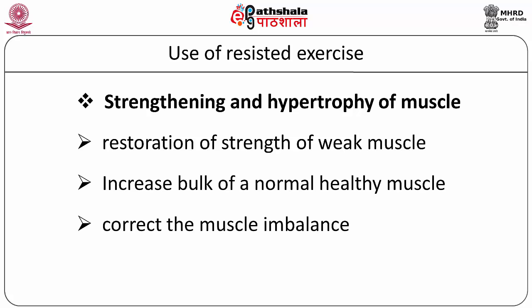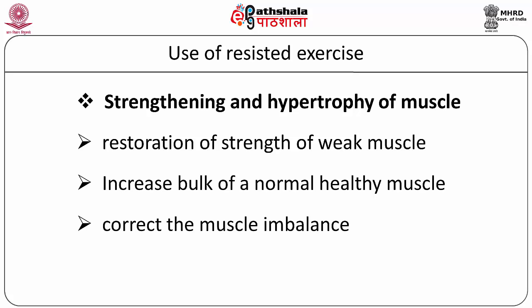This principle of strengthening finds its application in restoration of strength of weak muscle. Further, resisted exercises are commonly used to increase the bulk of a normal healthy muscle in bodybuilding and fitness programs.